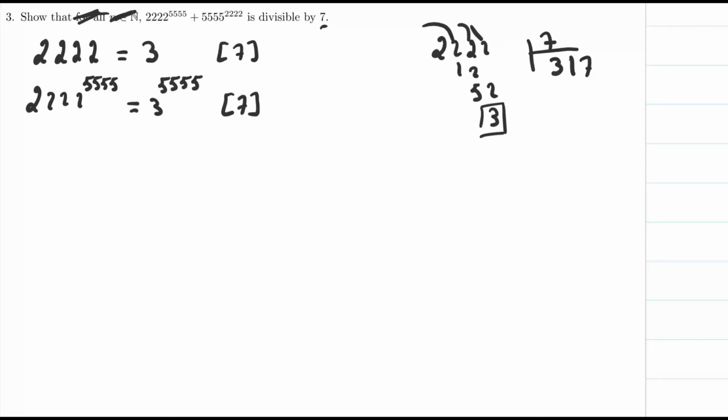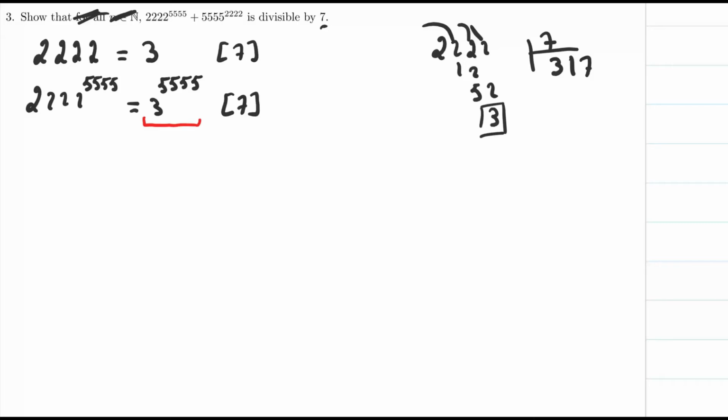Okay, and now it's getting simplified, but it's not enough. I want to compute that modulo 7 and find a number between 0 and 6. So as above, I search for the first power of 3 which gives me 1 modulo 7.